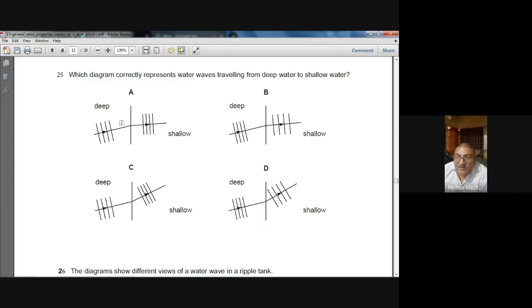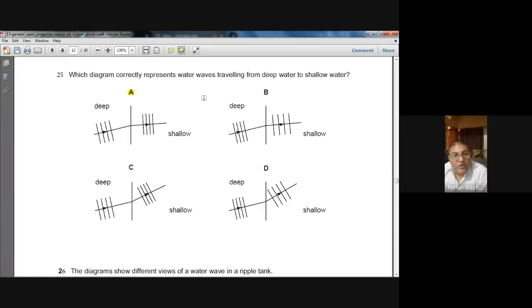So C is wrong. If I draw a normal here, you can see it has bent towards the normal, and the wavefronts have come closer in the shallow water. So A is the right choice. When water waves move from deep water into shallow water, the wavefronts come close to each other, the wavelength decreases, and the direction of the wavefront moves towards the normal. So A is the right option.